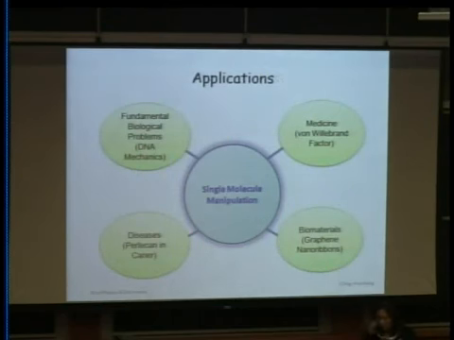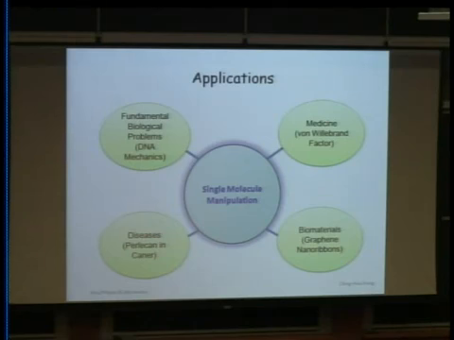There are different applications we can think of, and we can look at fundamental biological problems like DNA mechanics. It's just a very simple DNA, but it's like a polymer-like molecule. And then, more into medicine, we study von Willebrand Factor, a very complicated, large molecule, and we'll go into a little bit of the story about that.